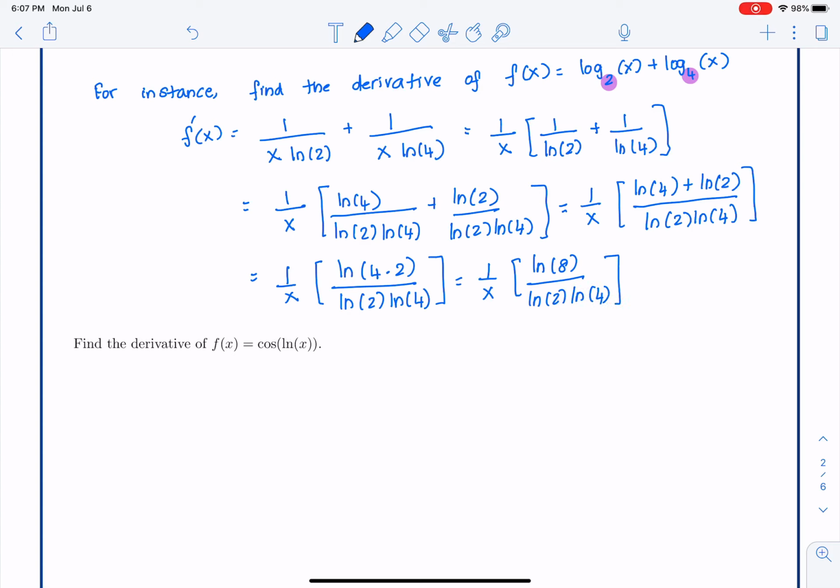And now you may say, that looks kind of simplified. Should I just stop there? Well, if you think about it, ln of 8 is ln 2 raised to 3, because 2 cubed is 8.